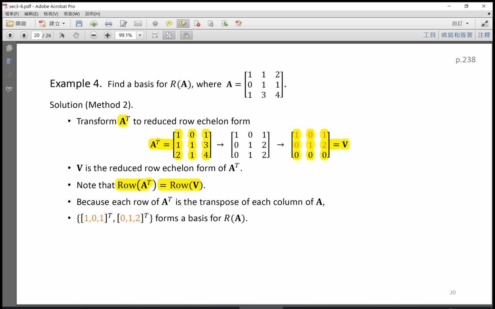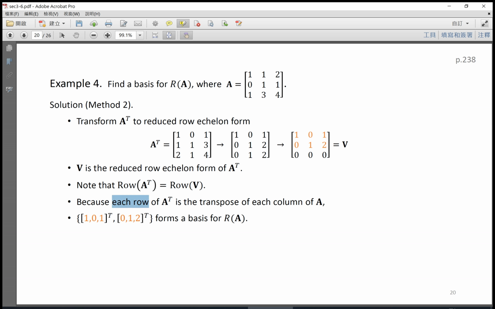And now we have found the basis for the row space of A transpose, which are the first two rows of the matrix V. The first two rows of matrix V form a basis for the row space of A transpose.